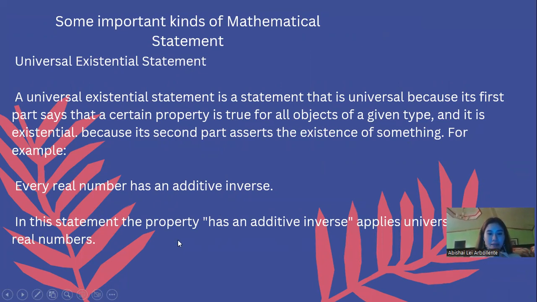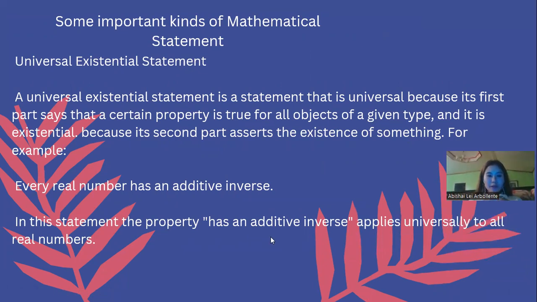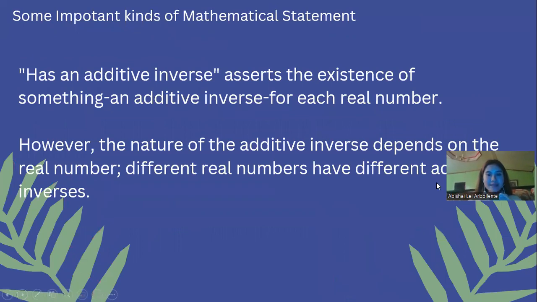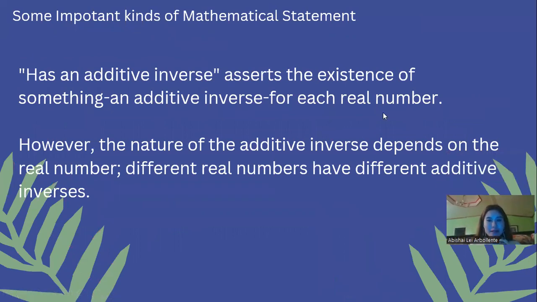In this statement, the property "has an additive inverse" applies universally to all real numbers. "Has an additive inverse" asserts the existence of something, an additive inverse for each real number. However, the nature of the additive inverse depends on the real number. Different real numbers have different additive inverses.